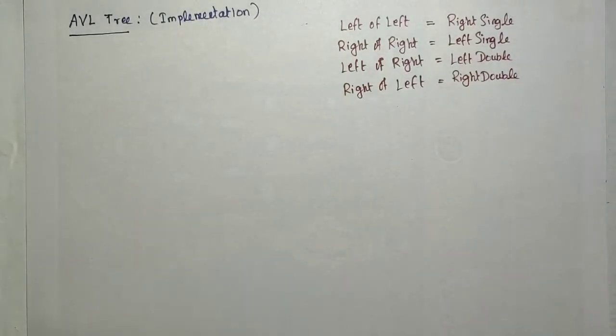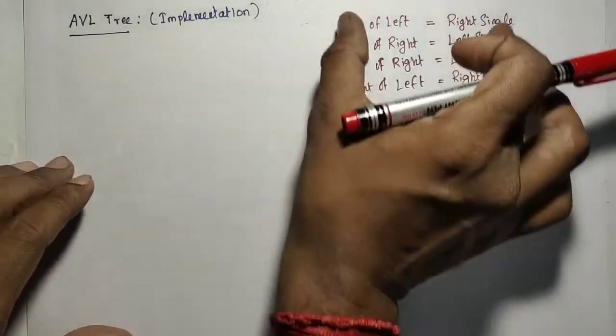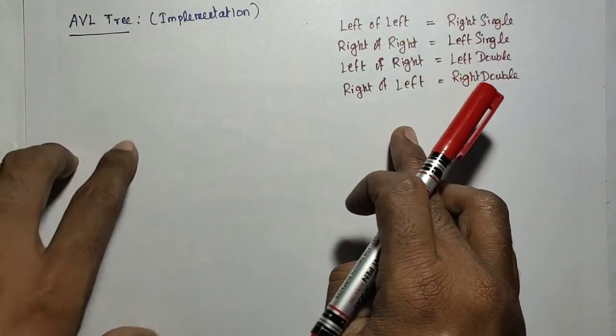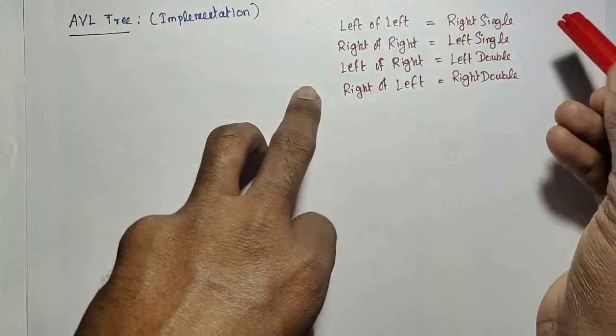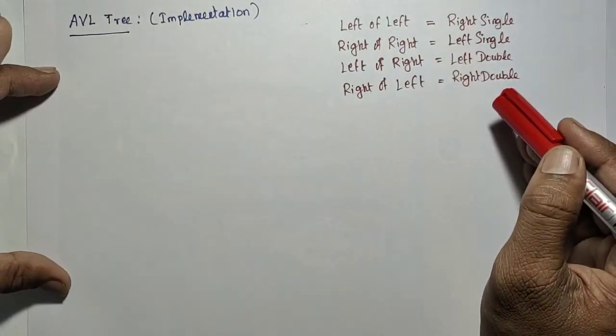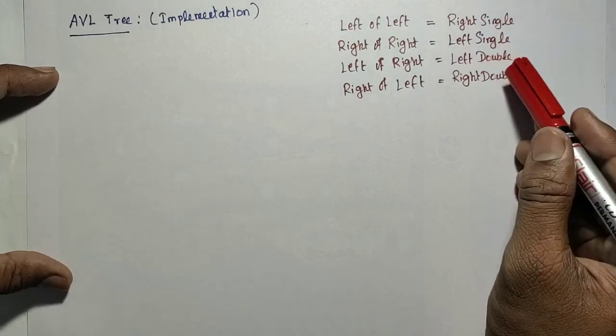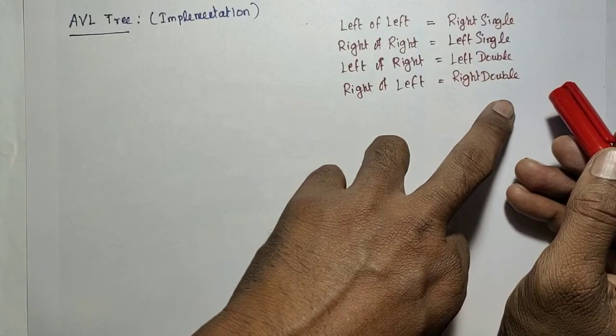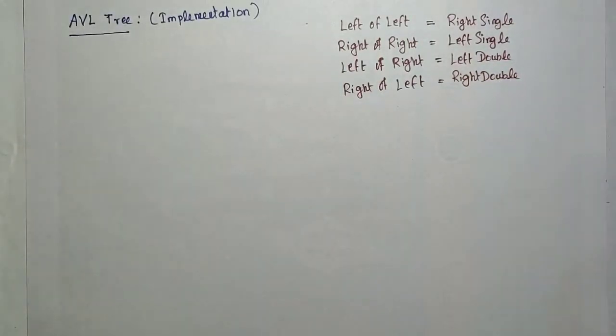If you want to implement the insert algorithm, we are going to discuss only that insert algorithm, the insertion operation, we need to implement these actions. So for right single, I have to write one function. Left single, I need to write one function, and then left double, and then right double. I have to write those functions.